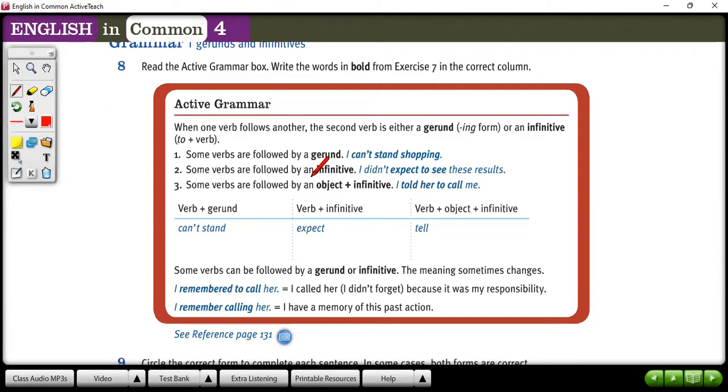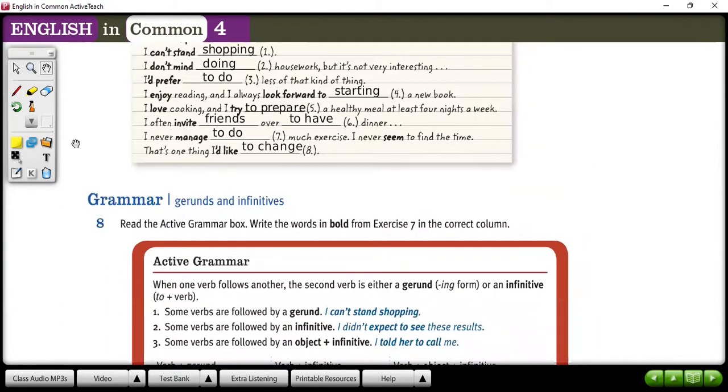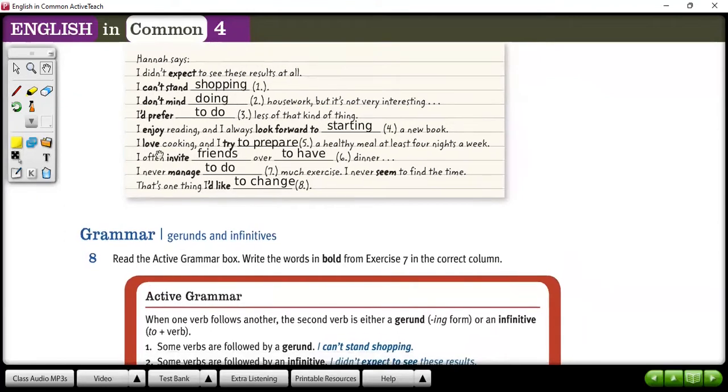So here we are going to see some examples. Last class, I asked you to listen to a recording about Hannah. If you listened, probably you completed the sentences here according to what you heard. Here I have the verb patterns as you can see.